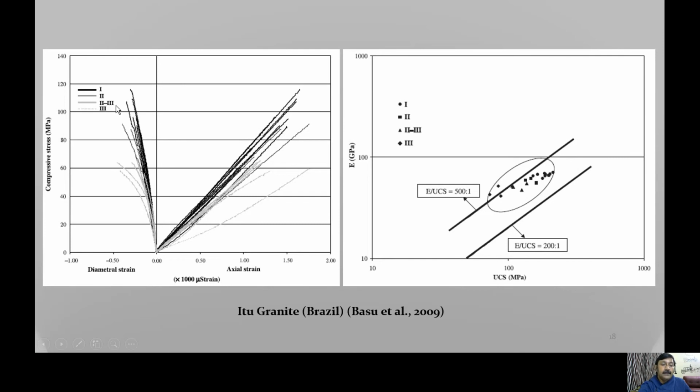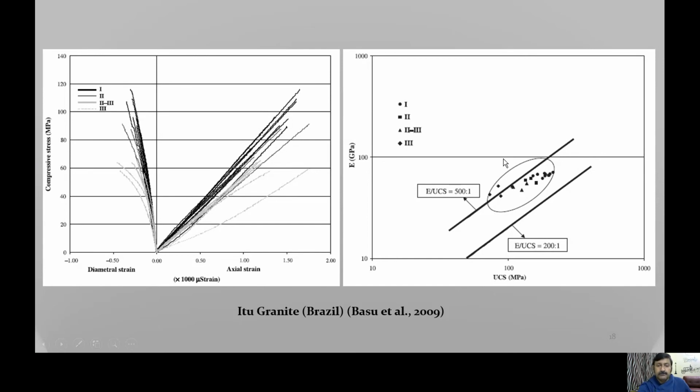And as the weathering grade intensifies, although the strength and Young's modulus get deteriorated, the Poisson's ratio keeps on increasing, which is also expected from the nature of the curve.